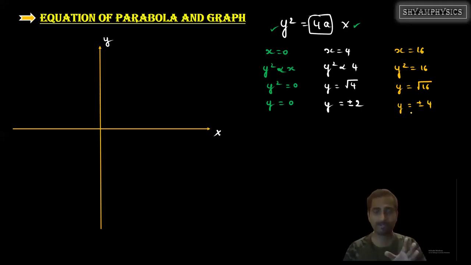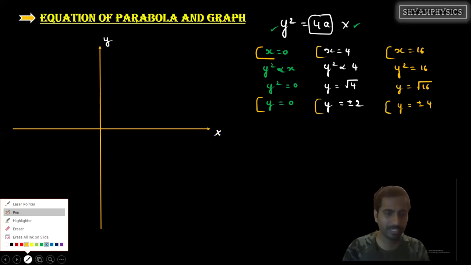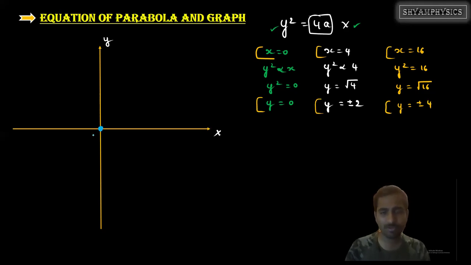Now you analyzed: when you give x equals 0, you get y as 0. When you give x equals 4, you get y as plus or minus 2, plus 2 and also minus 2. If you give x equals 16, y will be plus or minus 4. We'll plot those values over here. If x equals 0, y equals 0.